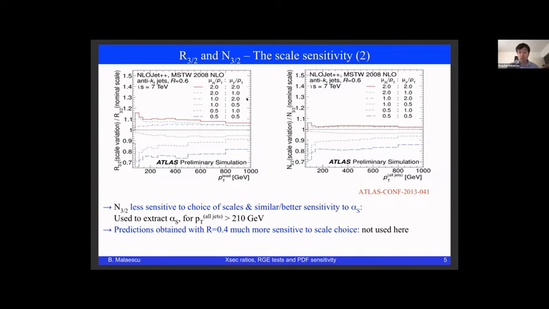If you compare these two plots for R32 and for N32, you can see that N32 is less sensitive to the scale choice, and we saw earlier that it also has better sensitivity to alpha S. Therefore, this is what was used to extract the final result. And all this was done in this study with a jet size of R equals 0.6.